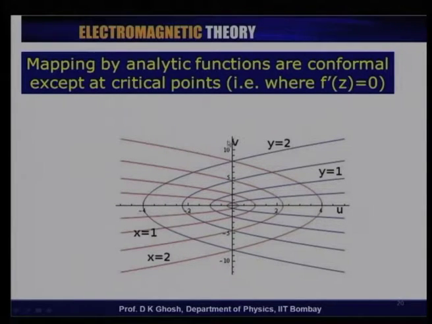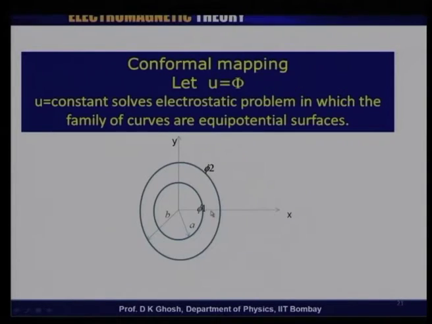So, this is what I am actually plotting, and these blue colored ones have been drawn keeping y equal to constant, which would correspond to the lines of force, and the red ones are drawn assuming x equal to constant, which will correspond to equipotentials. So, this is the way the mapping would look like.